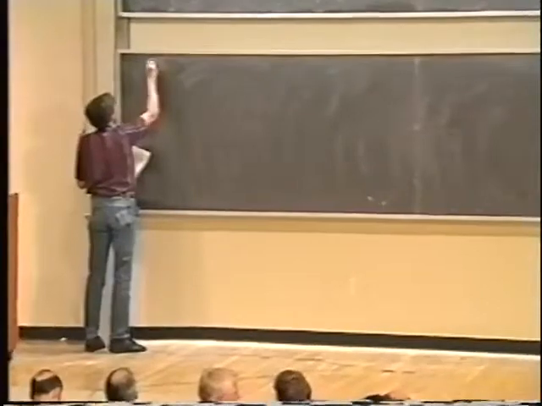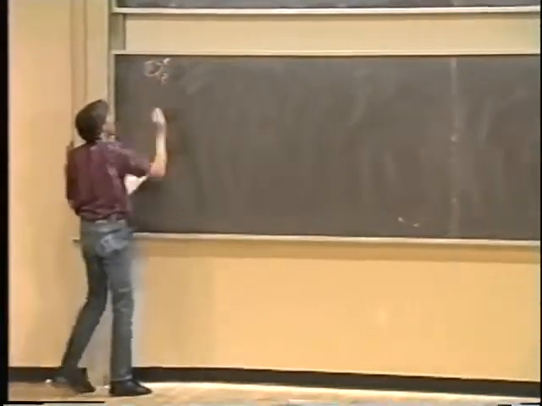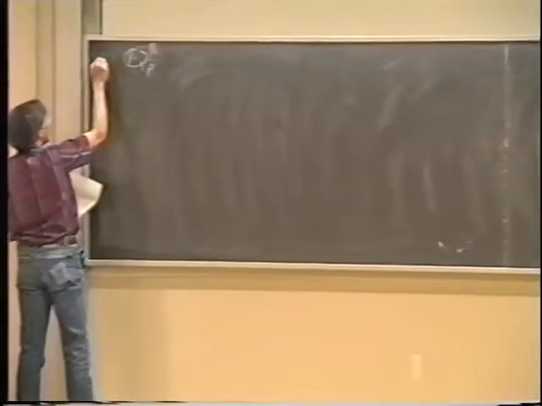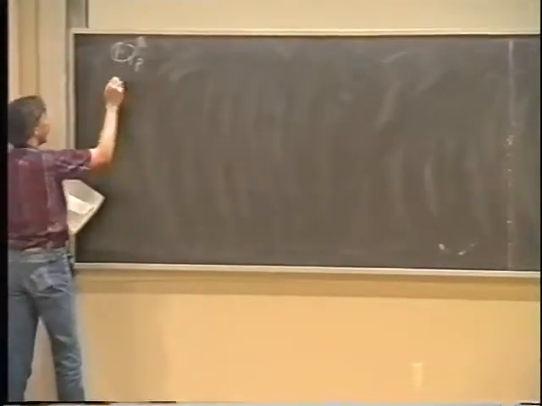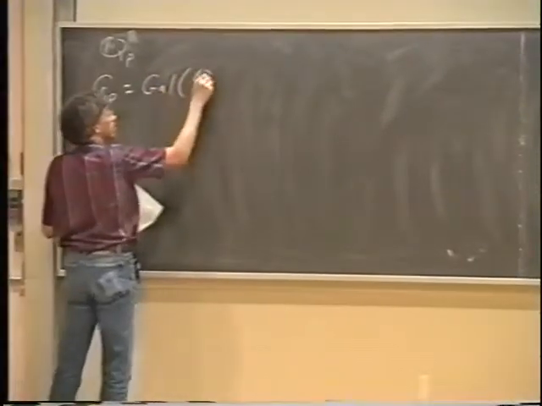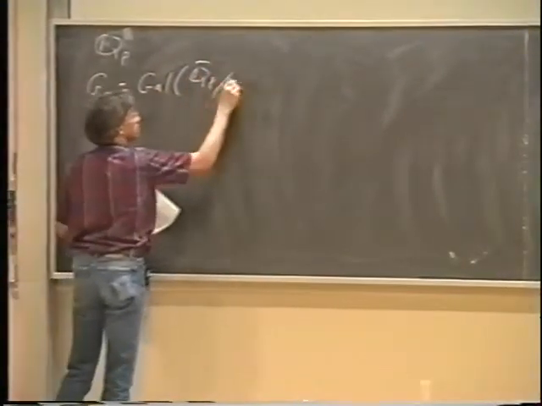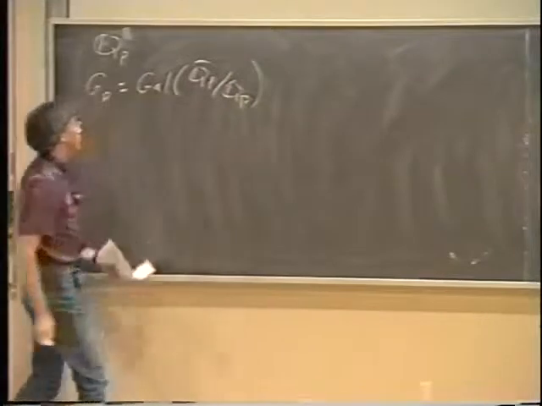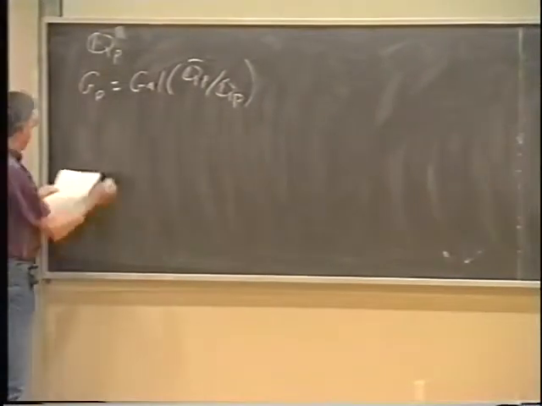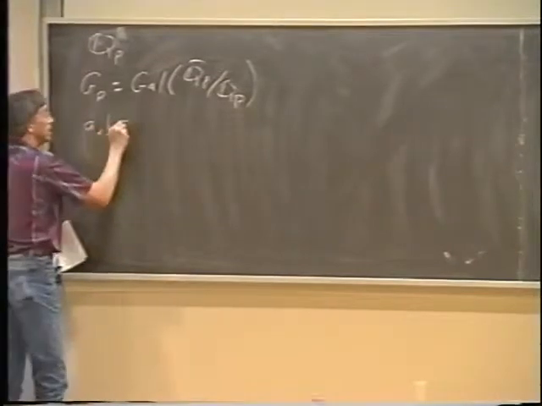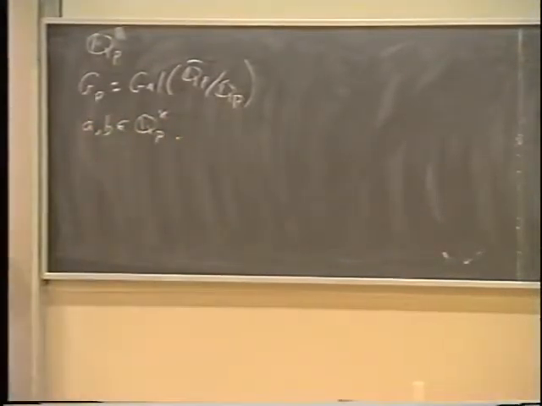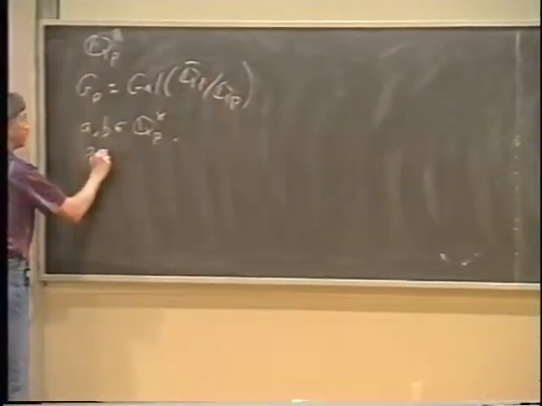We're going to look at, p is going to be a prime, of course, and we're going to look at Qp, and GP will be the Galois group, and this is a notation I'll use throughout my talks, the absolute Galois group of Qp. Okay, and we'll take a and b in Qp cross. And let's take a not equal to a square.